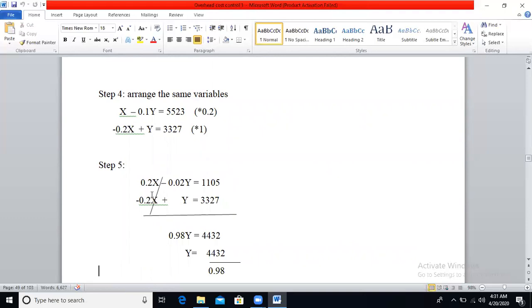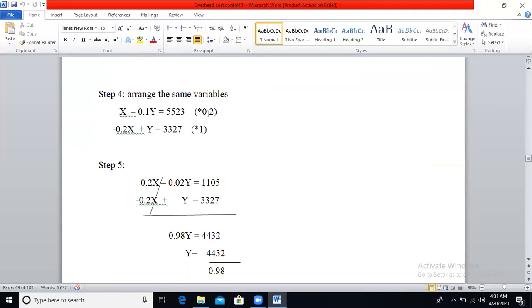How to cancel the value of X? The value of X should be same and with a different sign. So, in order to get the same value and different sign, you need to cross multiply both the equation, only the X value. So, for the first equation, you have to multiply with the positive 0.2, and for the second equation, X represent 1. Multiply with the 1.